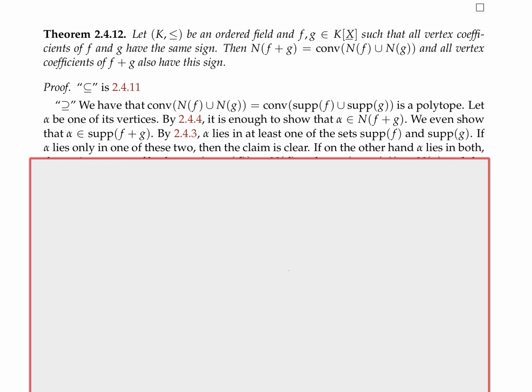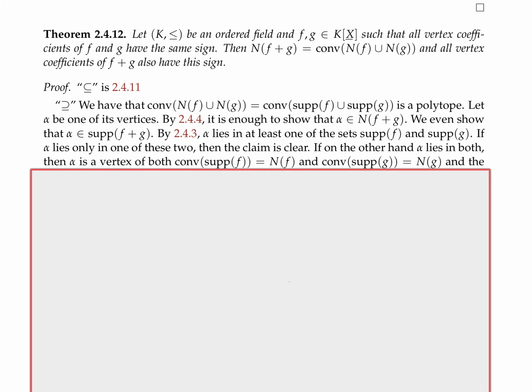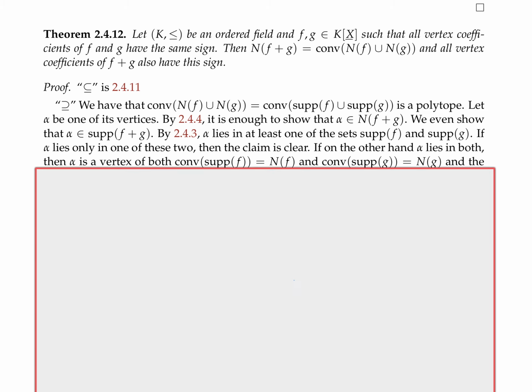So if alpha lies only in one of these two, then the claim is clear, because when I add, there cannot be any cancellation of coefficients. If on the other hand alpha lies in both, then I have to be careful, because if I add the two polynomials, the same monomial appears twice. If I have bad luck, one coefficient could be minus the other.